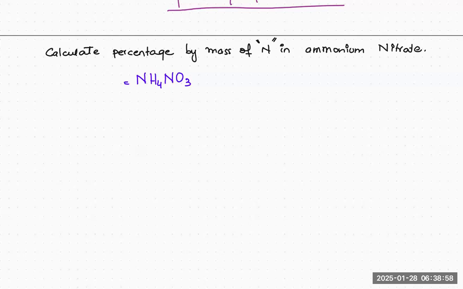To calculate the percentage by mass, we are going to do mass of nitrogen divided by molecular mass multiplied by 100.